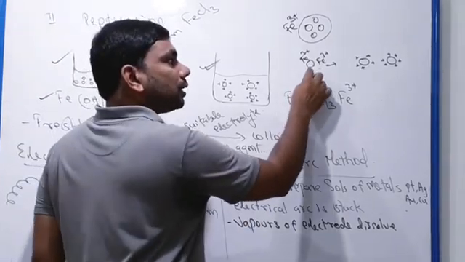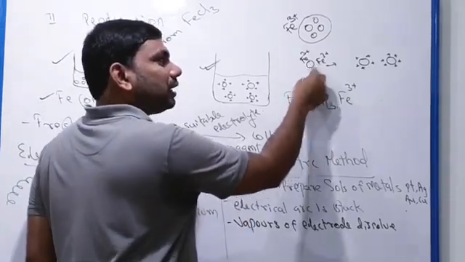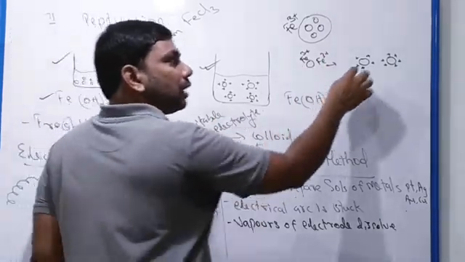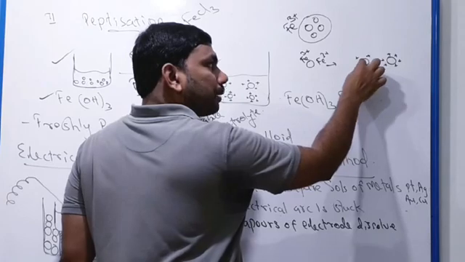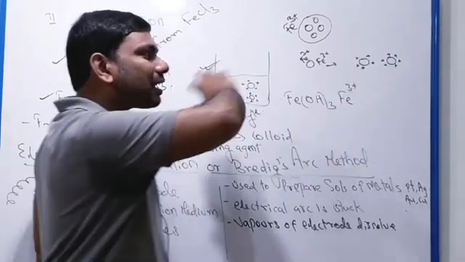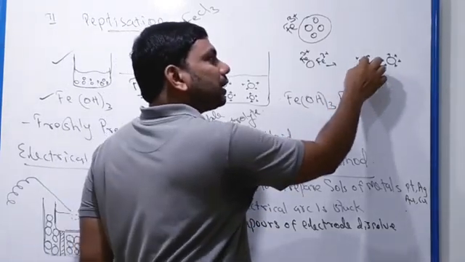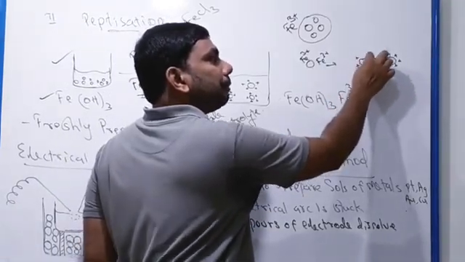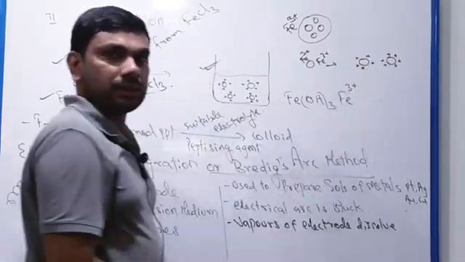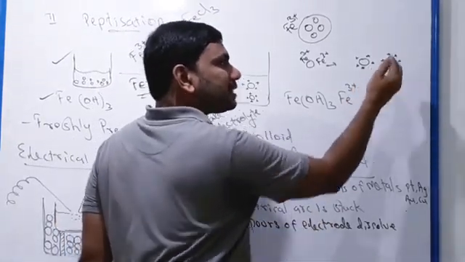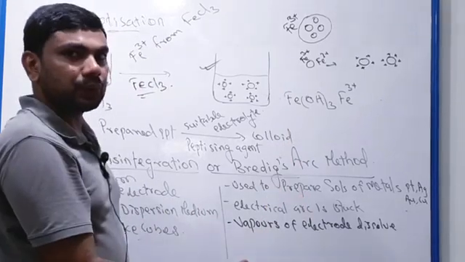Here, this is one precipitate molecule. It will absorb Fe3+. Now this is one precipitate molecule surrounded with many Fe3+. This I showed here, one precipitate with many Fe3+. Same thing happens to another adjacent precipitate molecule.